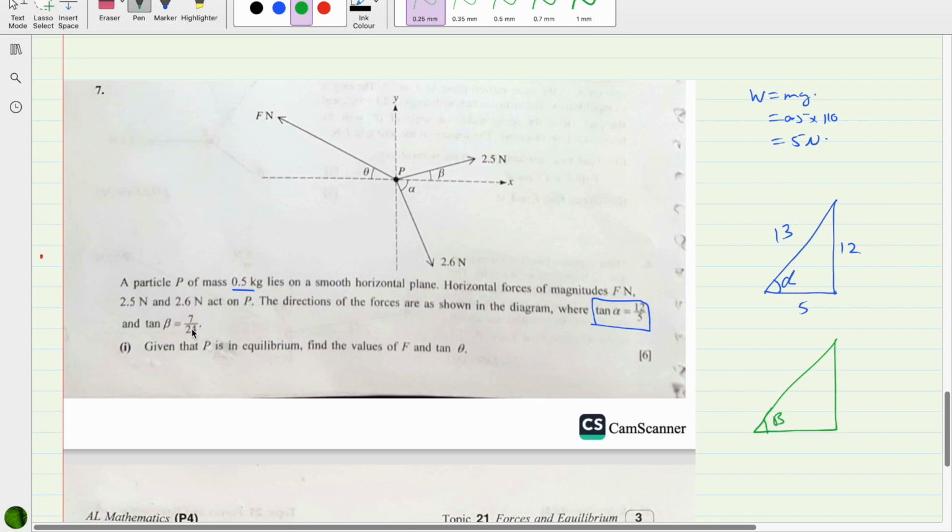Beta is here, tan beta is 7 by 24. So this is 7, this is 24. Applying Pythagoras theorem, I'm getting 25. So we have all the values we need. Given that P is in equilibrium, find the values of F and theta.